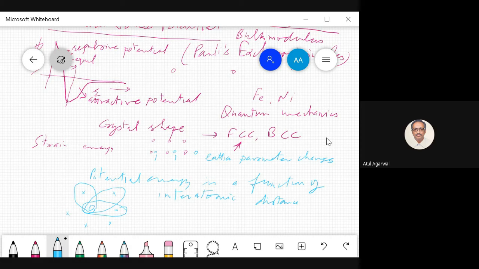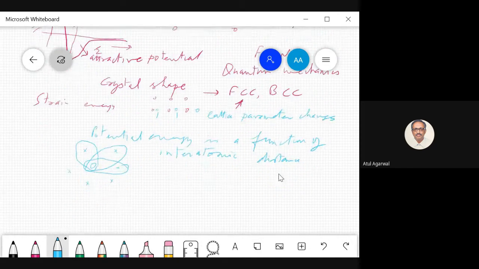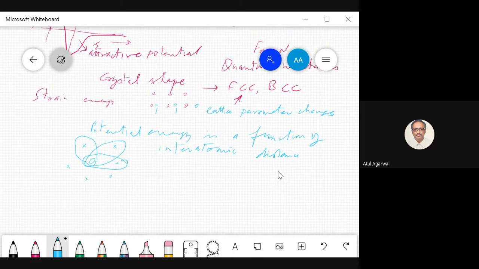If you change the interatomic distance, that potential energy will change. You need more energy, so the system has more energy. It is strained, at a higher potential energy or higher strain energy. From that, you can also define the stresses and the strains.